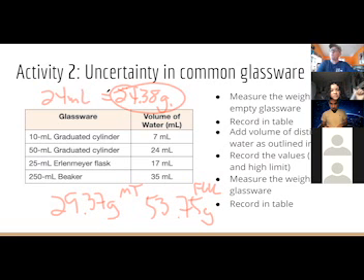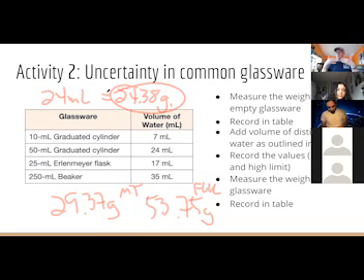No, the whole point is to show you, yeah, if we wanted to measure 35 mils accurately, we would have used the 50 mil cylinder. But the whole point of the exercise is that we're using a crappy way to measure 35 mils. And the exercise is to show you how much crappier it is than using the graduated cylinder.